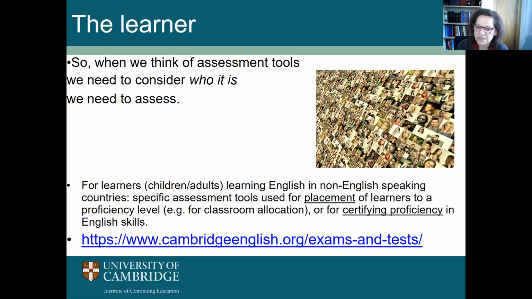When we think of assessment tools, we need to consider who it is we need to assess. And you know that here in Cambridge, as Zara mentioned, but also in other organizations, there are many tools that have been used, specific assessment tools that are used for placing learners at a proficiency level, for example, for classroom allocation, or tools for certifying proficiency in English skills.